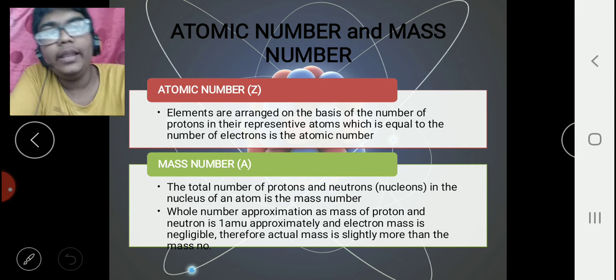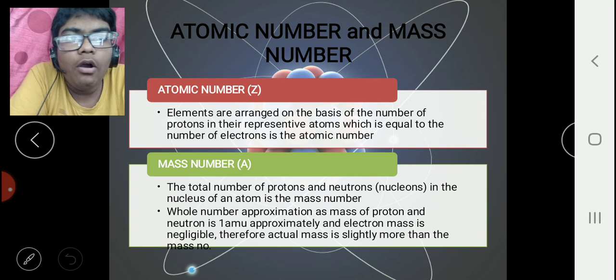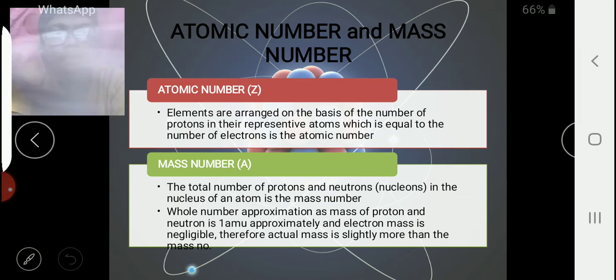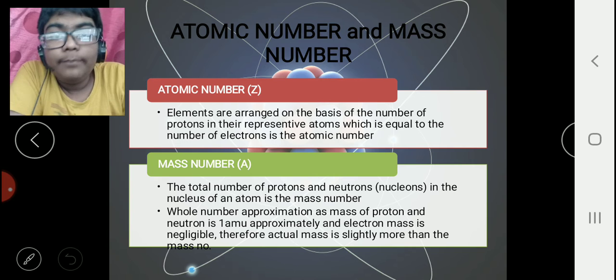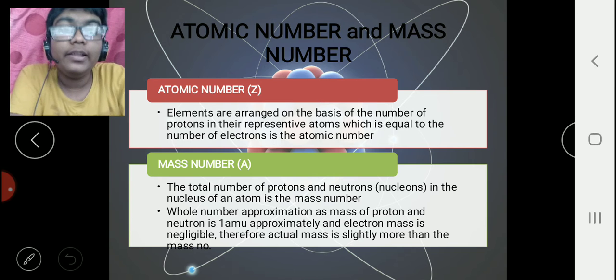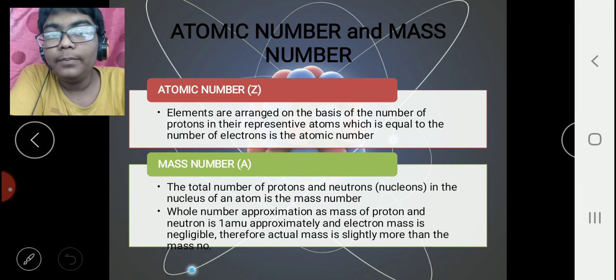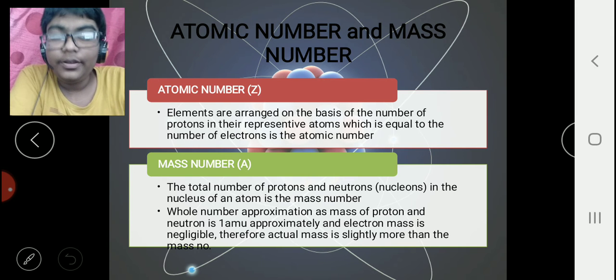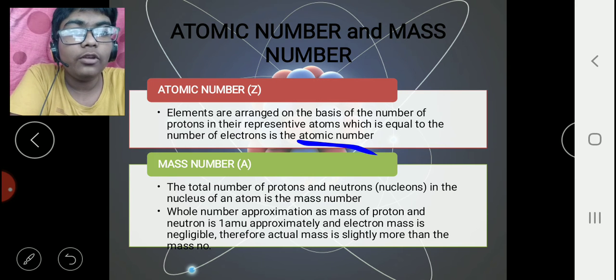We have learned in the periodic table that elements are arranged in the increasing order of atomic number, and atomic number is nothing but the number of protons, which is equal to the number of electrons, and this is also denoted by Z.